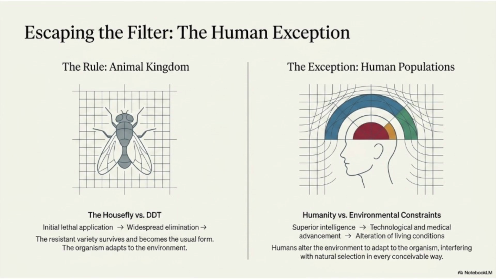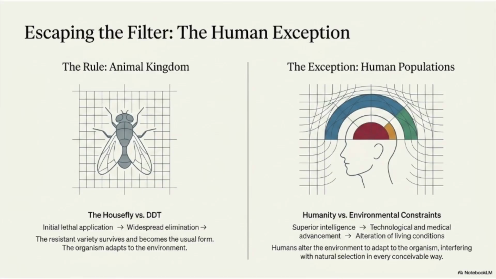In the animal kingdom, the rule holds strong, as seen in the case of the housefly and DDT. Initial application of DDT was lethal, leading to widespread elimination, but the resistant variety of houseflies survived and became the usual form, meaning the organism adapted to the environment.